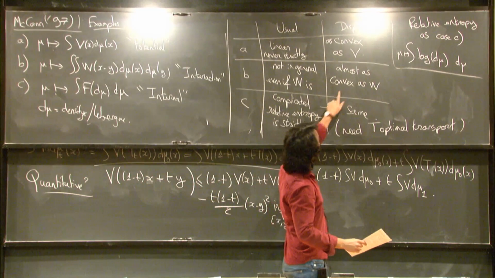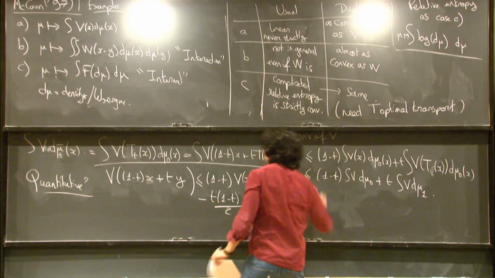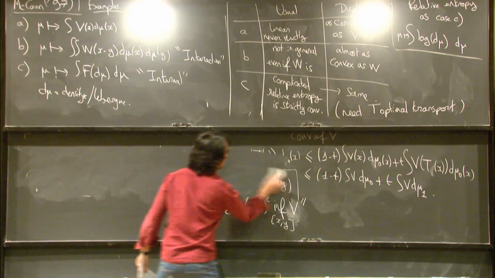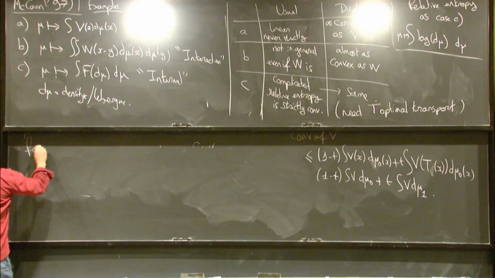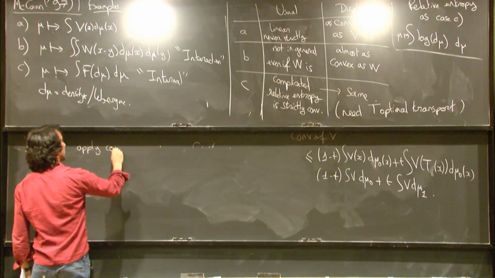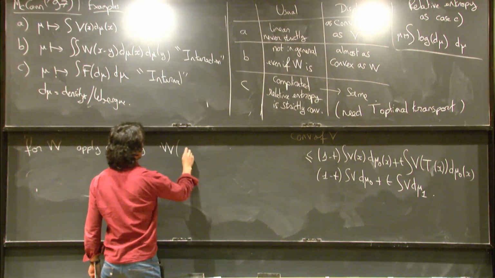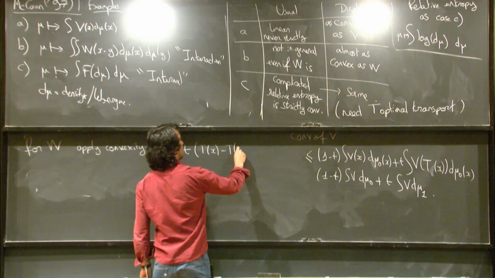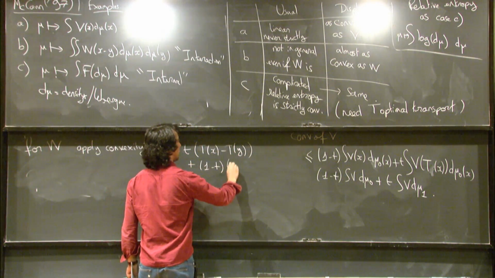Okay. So I'm sorry if I was long. Last thing before I move on: I said here that it's almost as convex. What do I mean by that? If you do the same very simple computation for W, you will apply convexity to W of t times (Tx minus Ty) plus (1 minus t) times (x minus y).